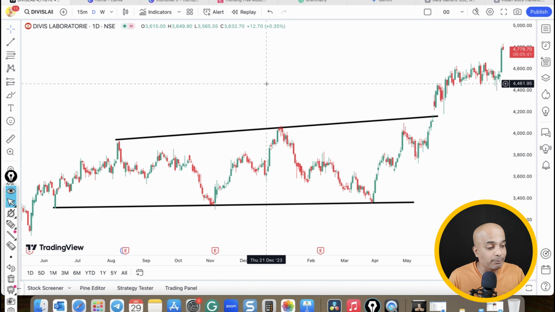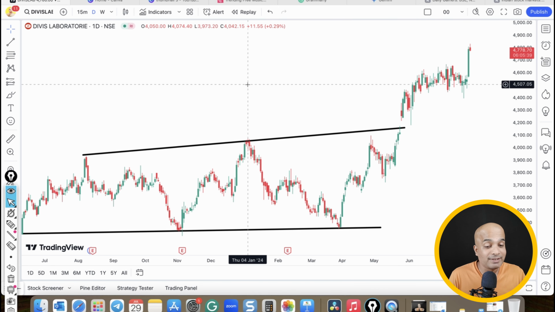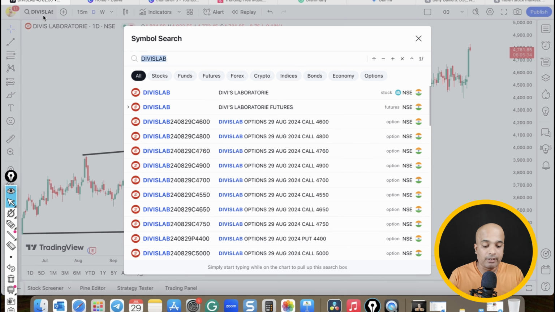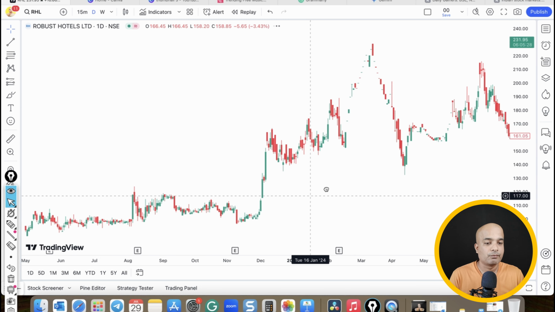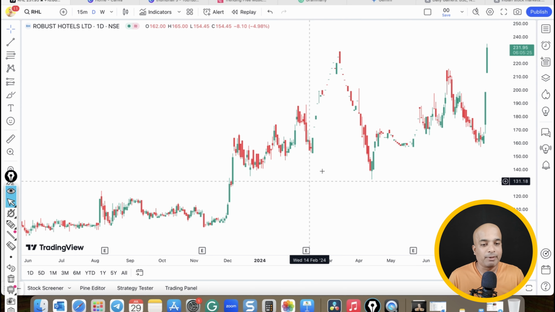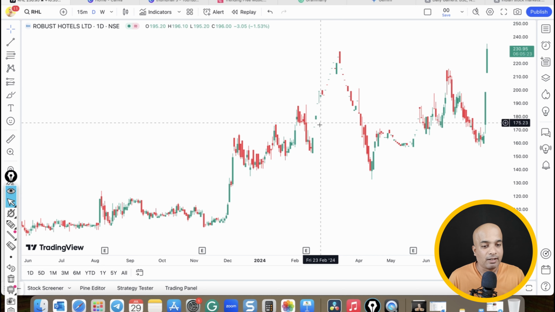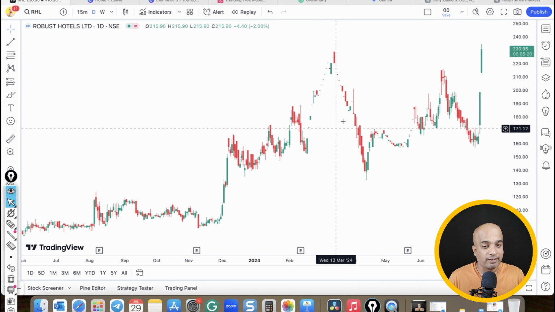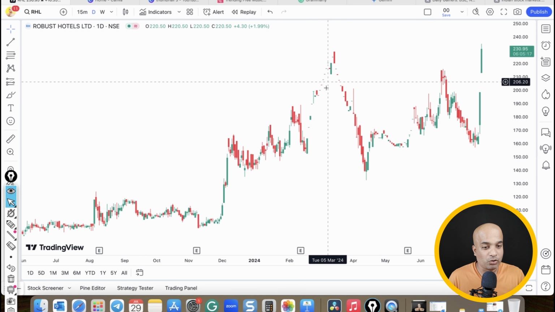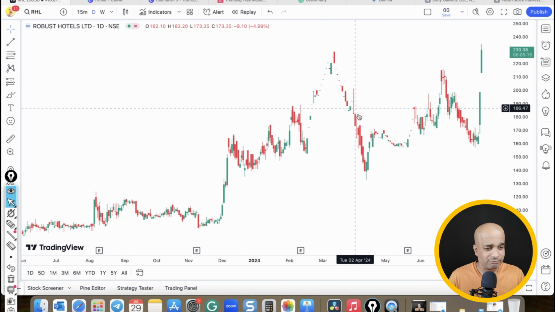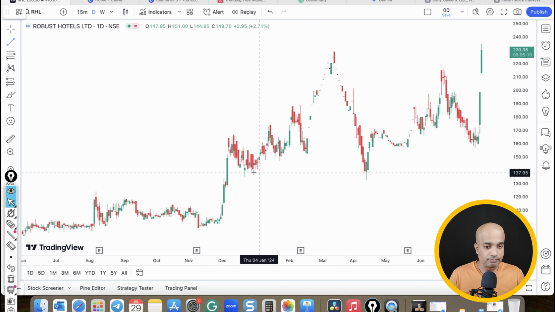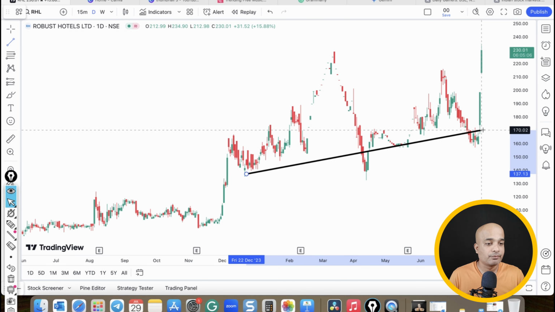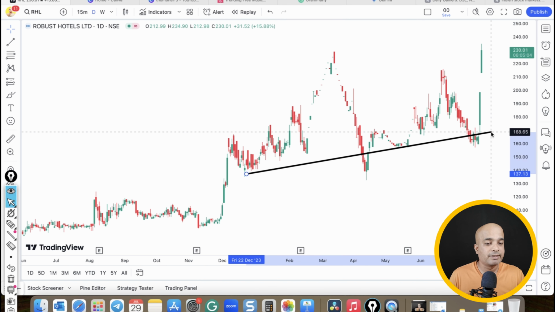And you should always remember the 4th rule: the price should respect the trend line. See, for example, I can go to some stock like this. As I discussed earlier, this is not a very good stock to take a trade, because there is no trade opportunity, a lot of gaps, a lot of buying and selling. Some people draw a trend line like this, and they say, I have connected some peaks.